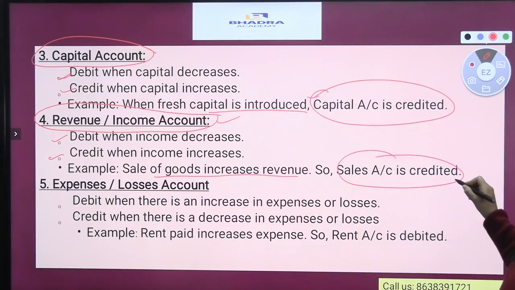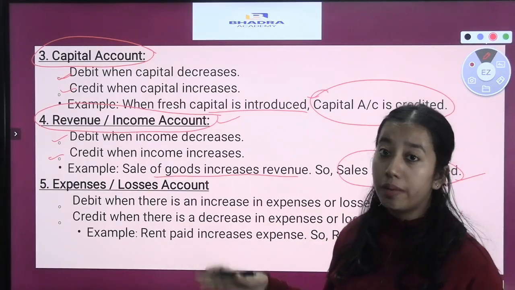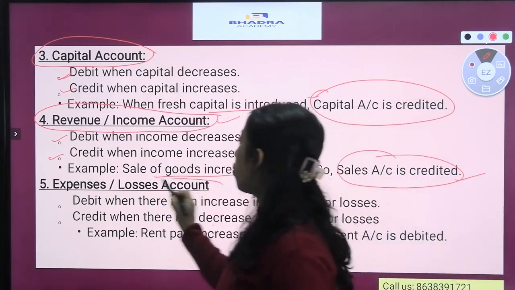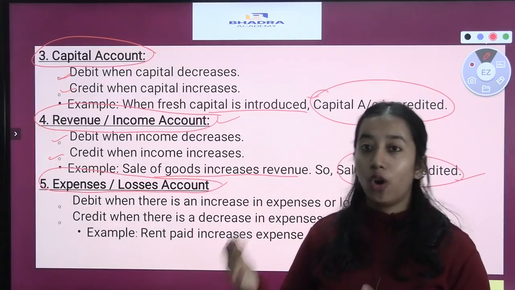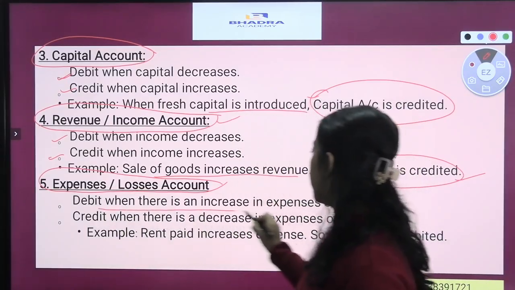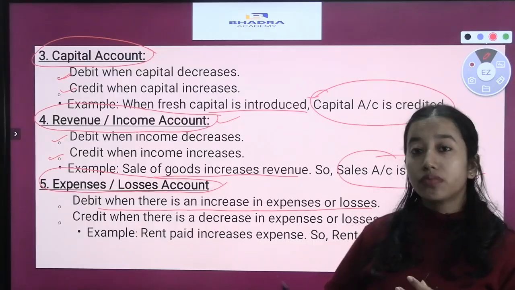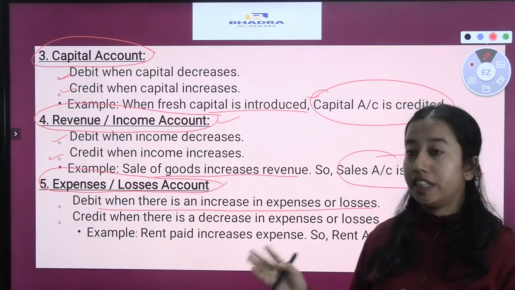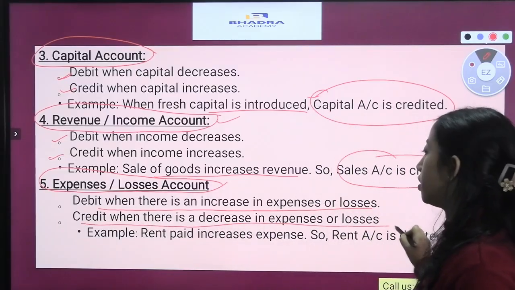Now the last type of account under the American approach is expenses, or we can say loss account. When an expense or loss increases, we debit these accounts, and when there is a decrease in expenses or losses, we credit these accounts.